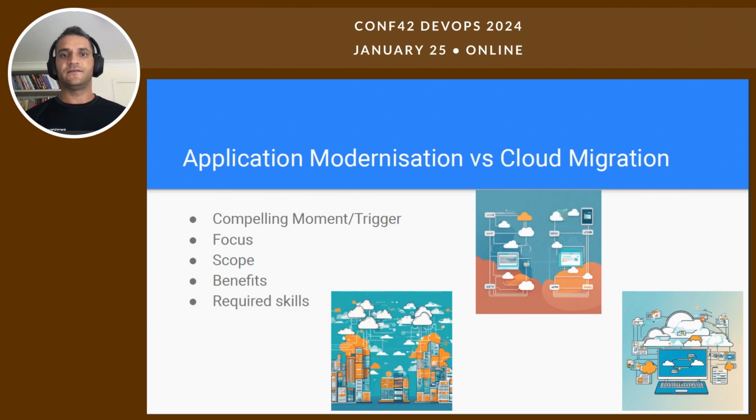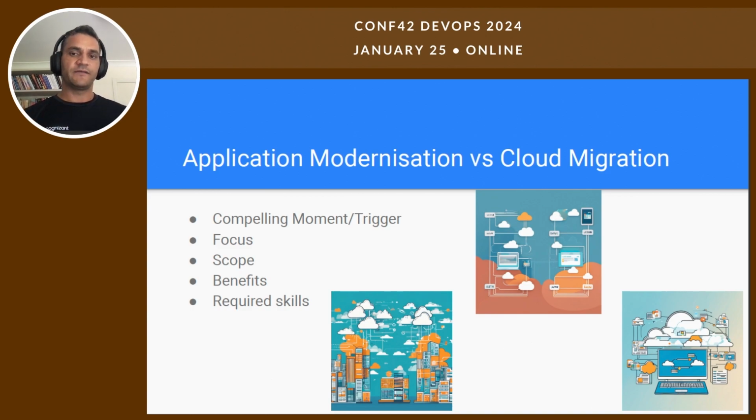From a scope perspective, application modernization encompasses infrastructure, data, and application architecture, whereas cloud migration centers on application and infrastructure transition. From a compelling moment or trigger point perspective, more often than not, application modernization is considered when there are issues with the application performance, or when you want to include new capabilities and functionalities, how the application is run or behaving.